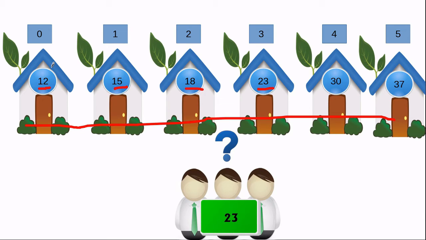The number at the top represents the position, or the index, of these houses. Now these three guys want to search for house number 23. Let's see how they will search using binary search.